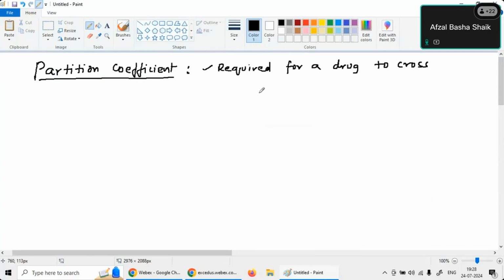to cross biological membranes, right? Yes or no? Yes, sir. What type of biological membranes are those? They are lipid biological membranes.